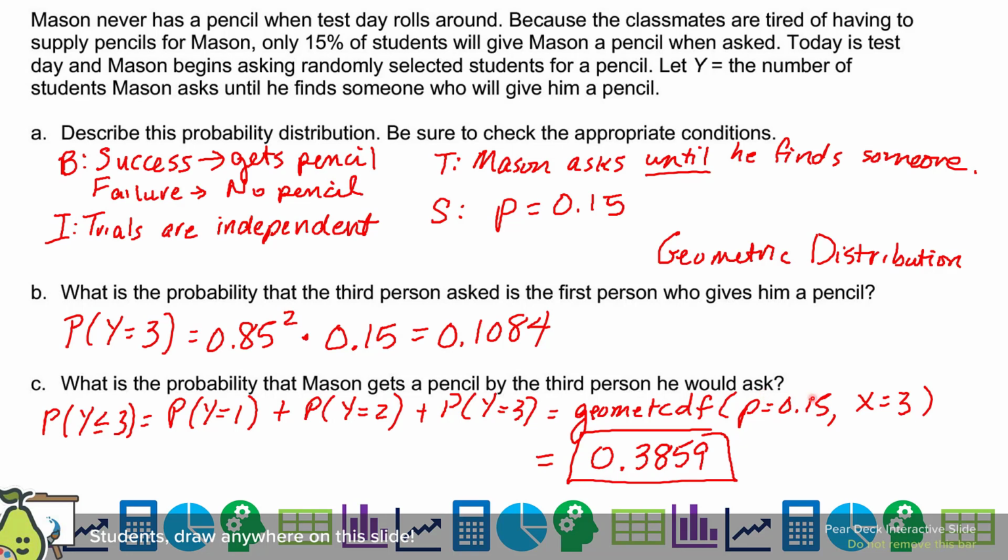So p equals 0.15 and x equals 3. And there you go. If you put that into the function, you're going to need the calculator on this one because there is no table for this, or you're going to have to calculate it by hand. Both of them, you need a calculator either way. Anyway, so you get 0.3859. Now ideally I still would like to see this written out and added up.